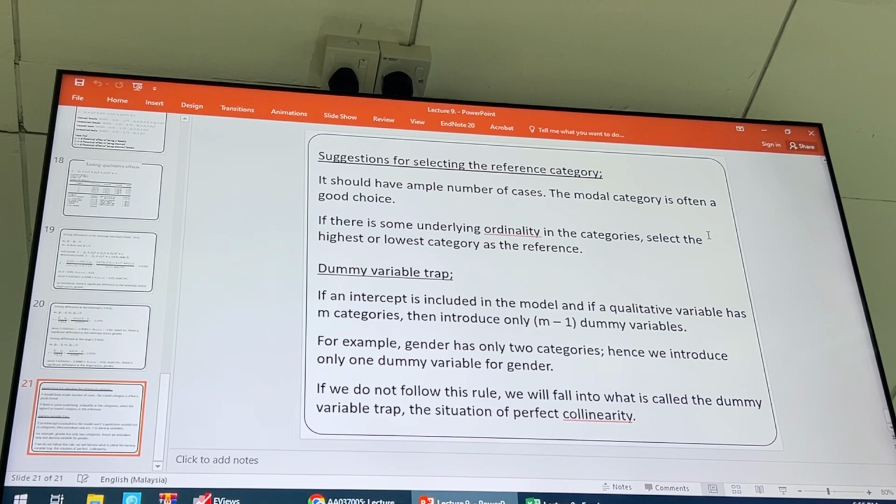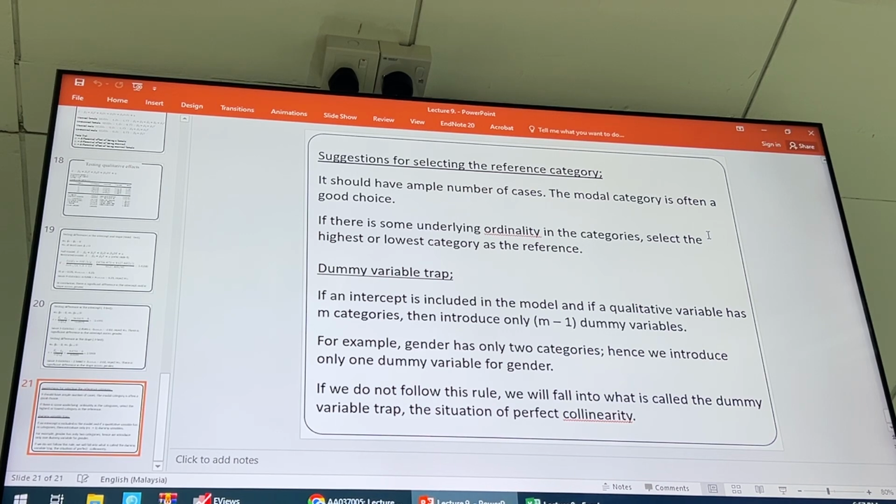We exclude male. So male is our reference category for the example that we considered just now. This is just a suggestion. It's not compulsory, but a suggestion on how to choose which category should be used as your reference category, meaning the category that you should not include the dummy variable.